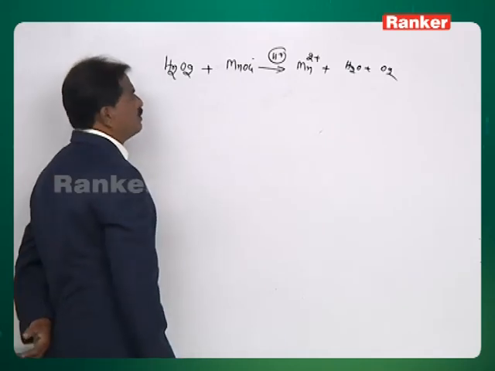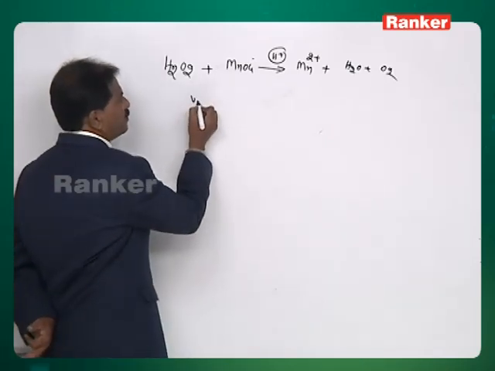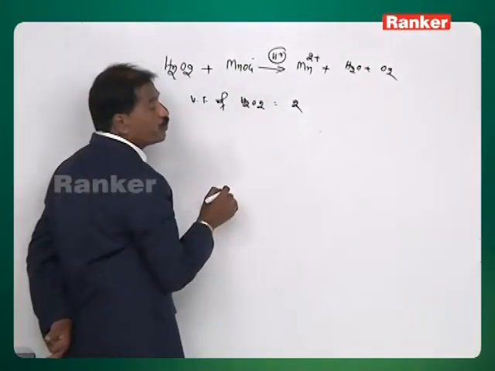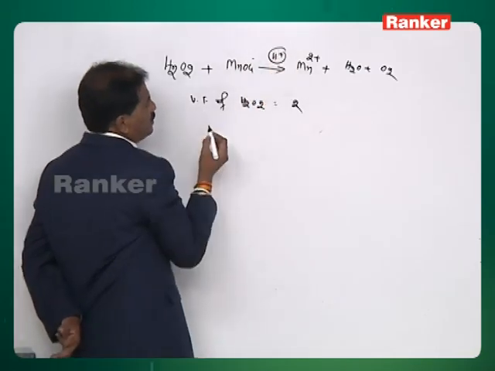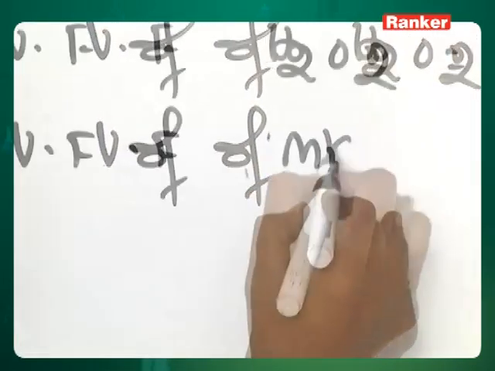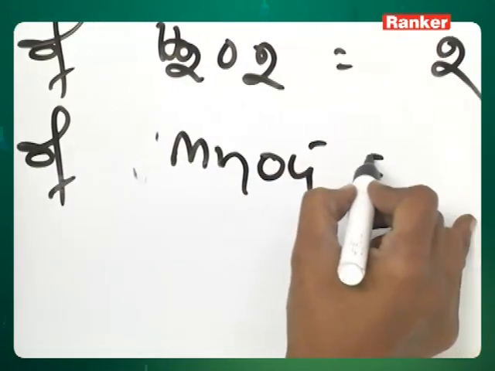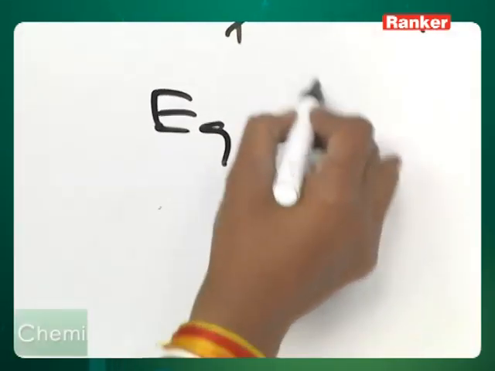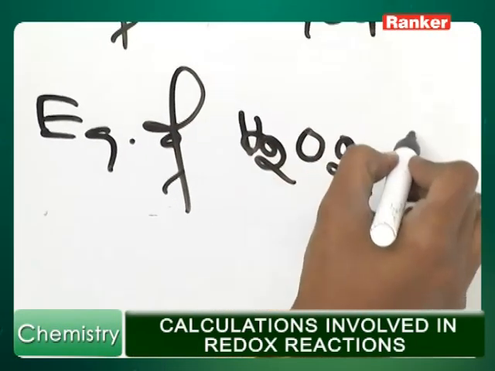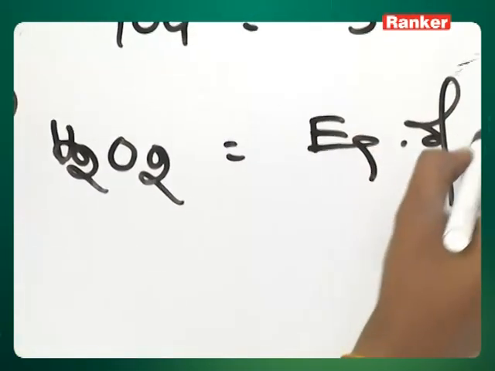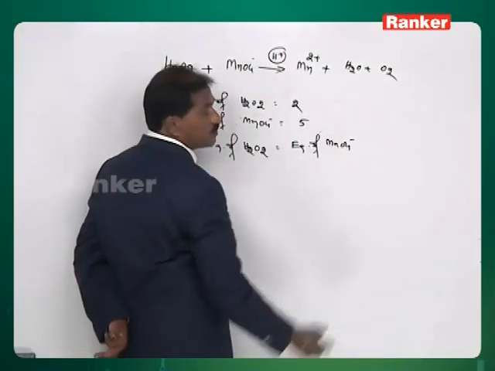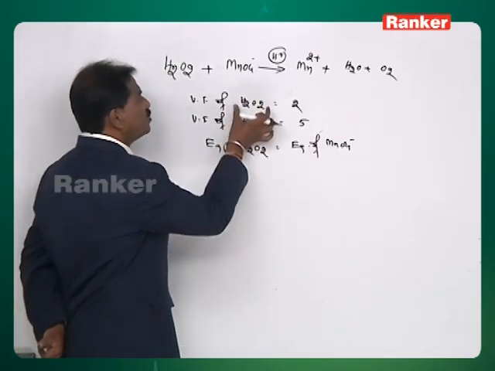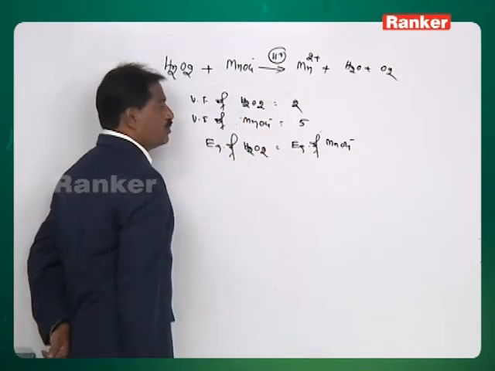In all redox reactions, the valence factor of hydrogen peroxide, valence factor of H2O2, is always 2. Since the reaction is taking place in acidic medium, valence factor of MnO4- is 5. Therefore, equivalence of H2O2 is equal to equivalence of MnO4-. In place of equivalence, we can use any formula for H2O2 as well as any formula for MnO4-.